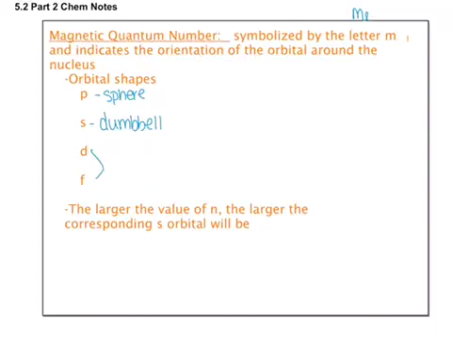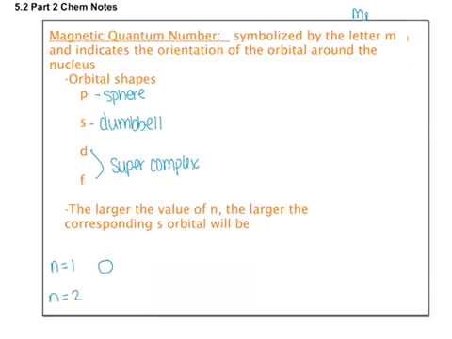And then D and F have super complex, and there's a lot of potential orientations. So the larger the value of n, the larger the corresponding s value would be. Like if n equals 1, your s orbital would be very small.